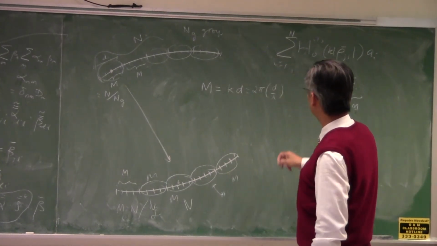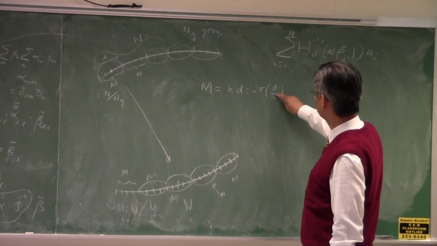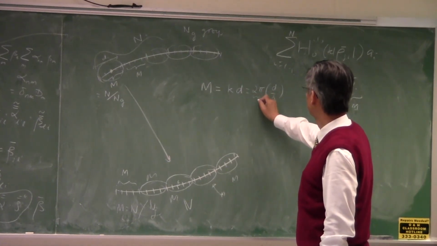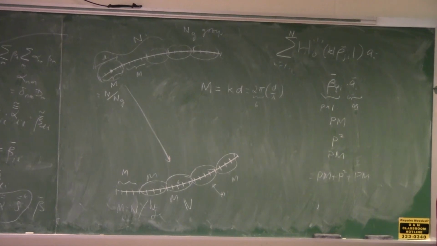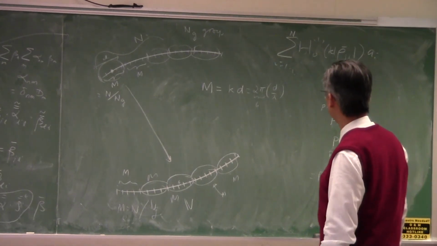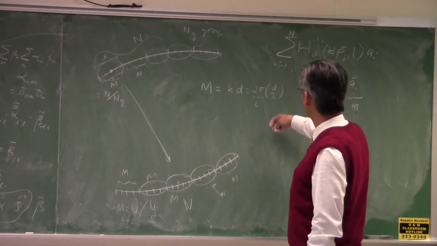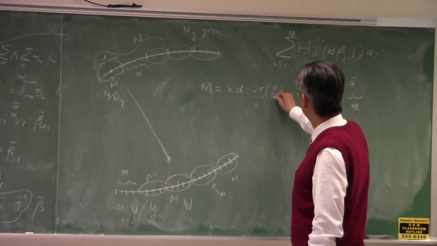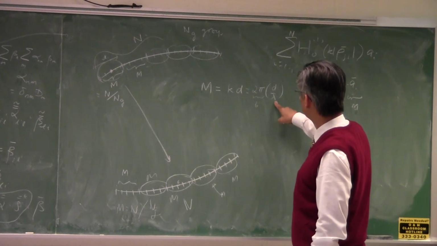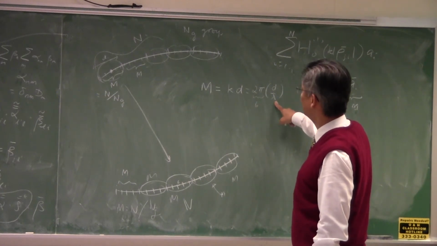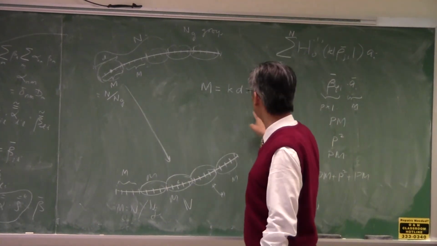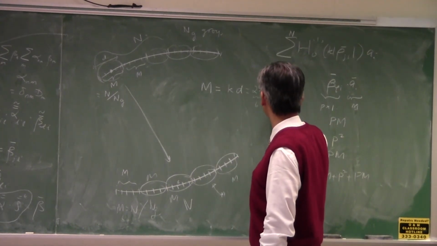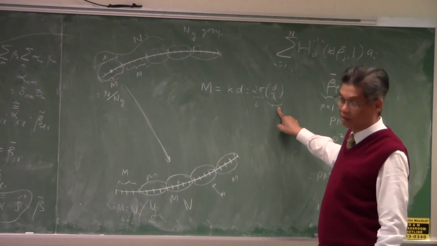Say this number is 6. Then if I use a discretization of 5 points per wavelength, if d is about a lambda, then I have m roughly to be 6.